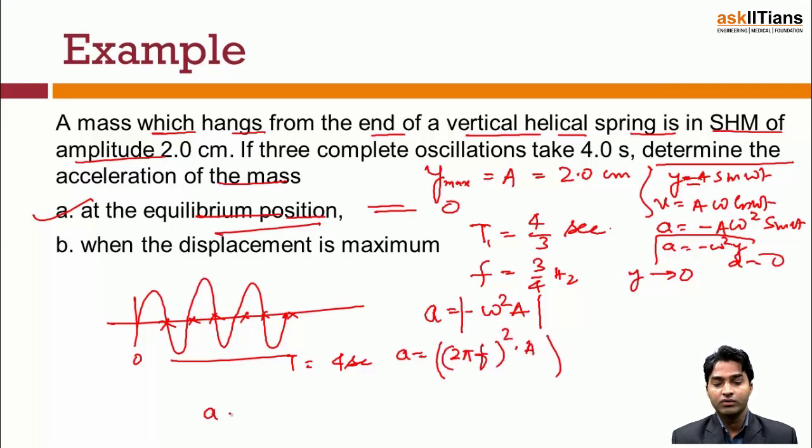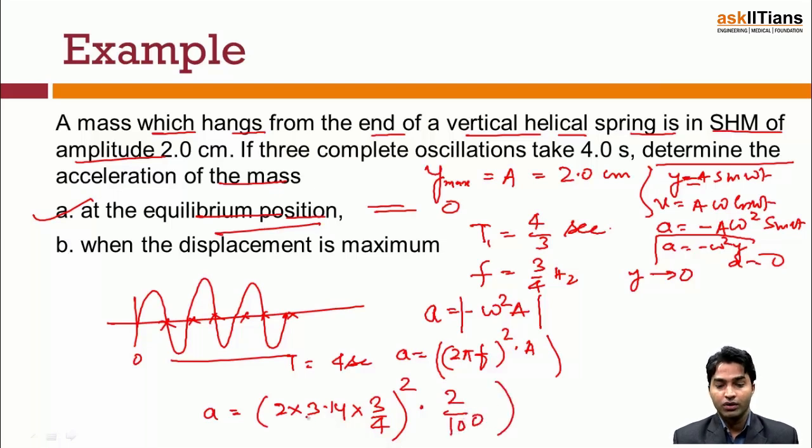So a equal to 2 into 3.14 multiplied by the frequency, which we already calculated, 3 by 4, whole squared, into the amplitude, that is 2 by 100.